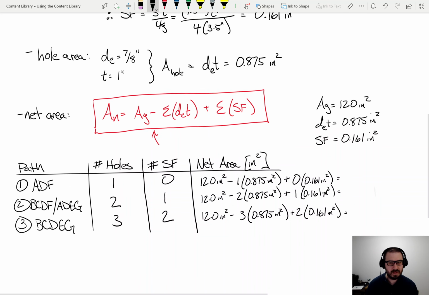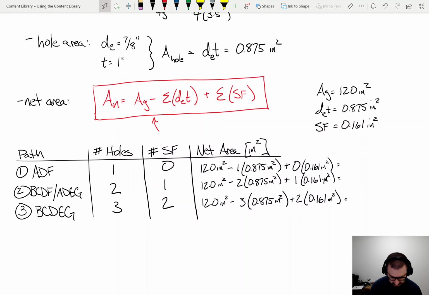Let's see what we get. Let's just check these out. I'll scroll that up a little bit. Okay, so here I'm getting 10.125. Oh, wait, sorry. Nope, that's a typo. That should be 11.125.